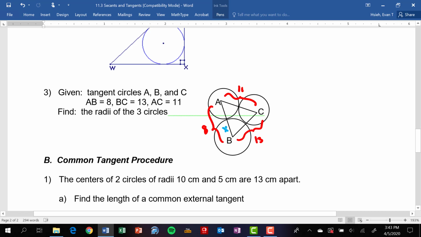So if that's x, then well, actually let's start with this guy as my x. Then this is going to be x also. This one right here will be 8 minus x as well, this guy right there. And that means that this guy is going to be 11 minus, in parentheses again, 8 minus x.